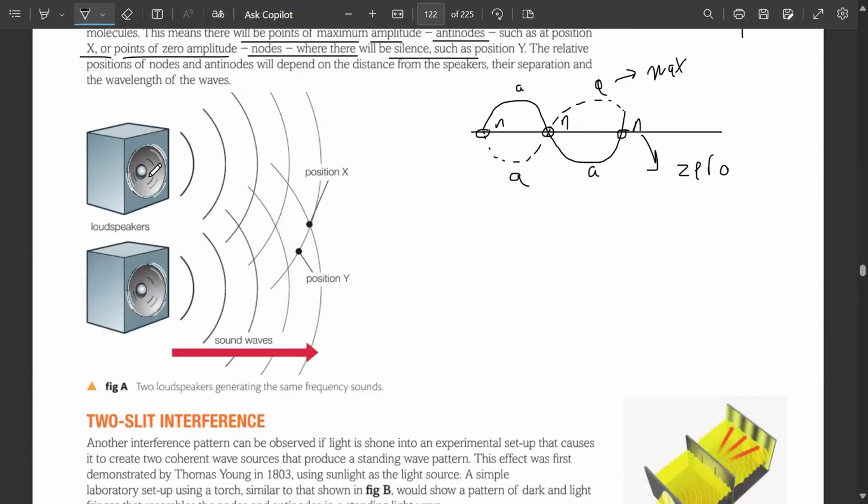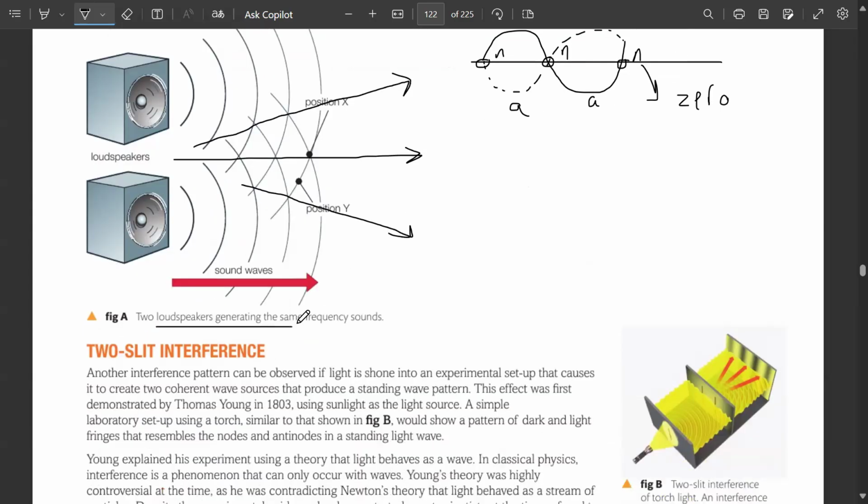Now look at these two sources. Okay, this is one source wave and this is the other source wave. Look where they are interfering at this point. They interfere here. Then where else are they interfering? A bit over here, on the side as well, and at the top as well. Okay, they are interfering at these points. Now these are two loudspeakers generating the same frequency sounds.